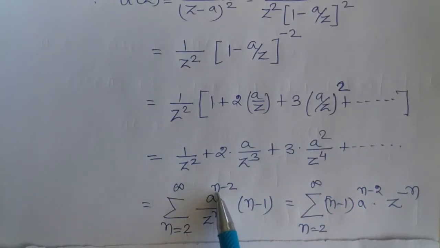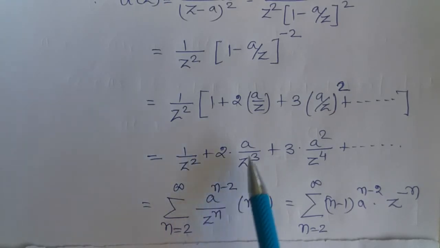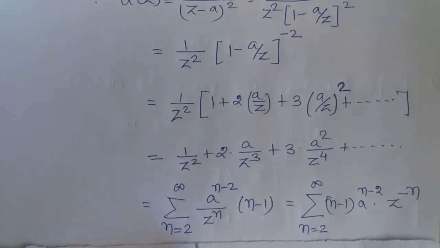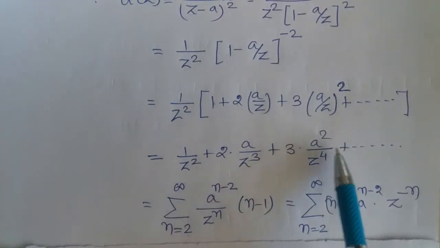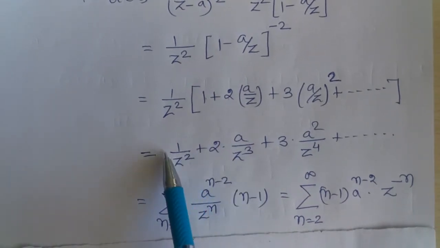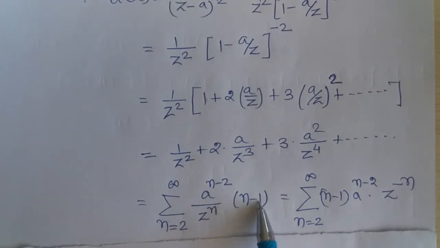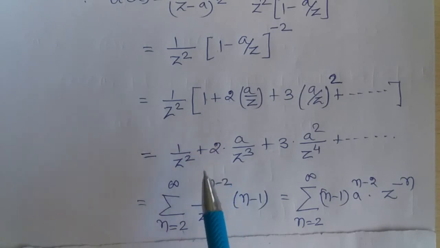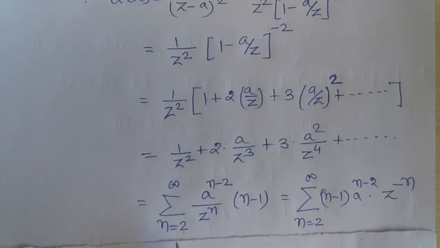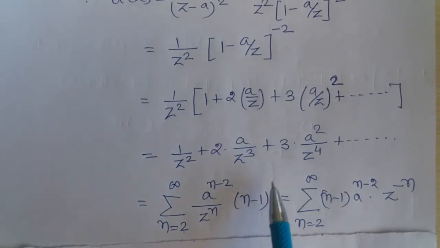For n equal to 2 we get a power 0, for n equal to 3 we get a power 1, for n equal to 4 we get a square and so on. And for the constants 1, 2, 3 we write n minus 1. For n equal to 2 we get 1, for n equal to 3 we get 2, for n equal to 4 we get 3 and so on.